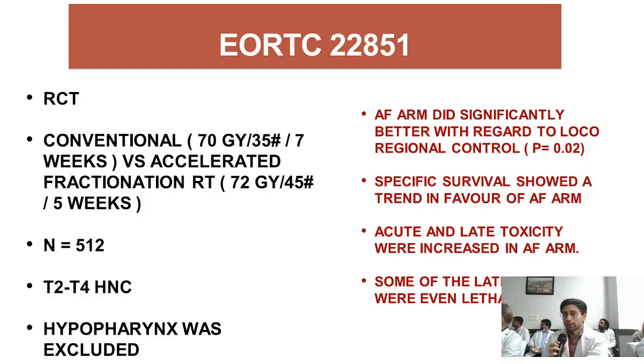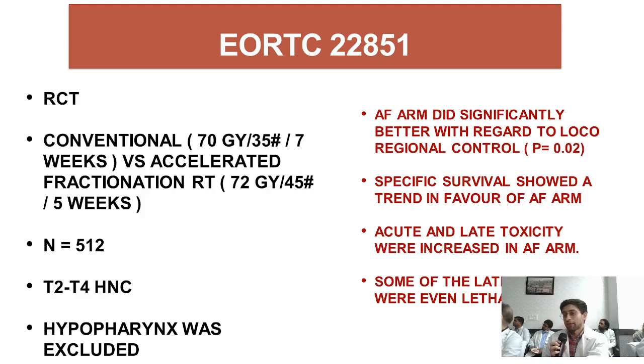There's another trial which compares conventional with accelerated fractionation. So we're trying to complete the treatment in just 5 weeks, compared to the conventional fractionation, which is done in 7 weeks. In the results, we can see that accelerated fractionation has a better locoregional control with a p-value of 0.02.